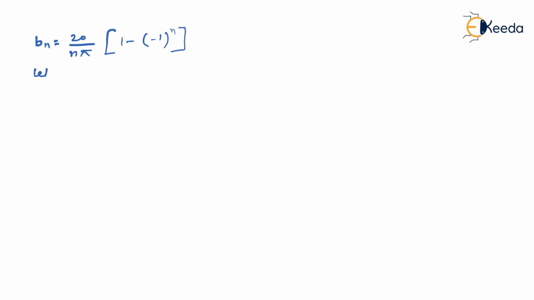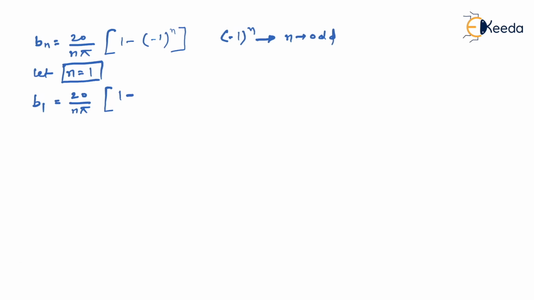Let us substitute n equal to 1. Then Bn becomes B1, which is equal to 20 upon n pi, and then it is 1 minus (minus 1) raised to n. Whenever n is odd, minus 1 to the power n will always remain minus 1, whereas if n is even, minus 1 to the power n will become plus 1.